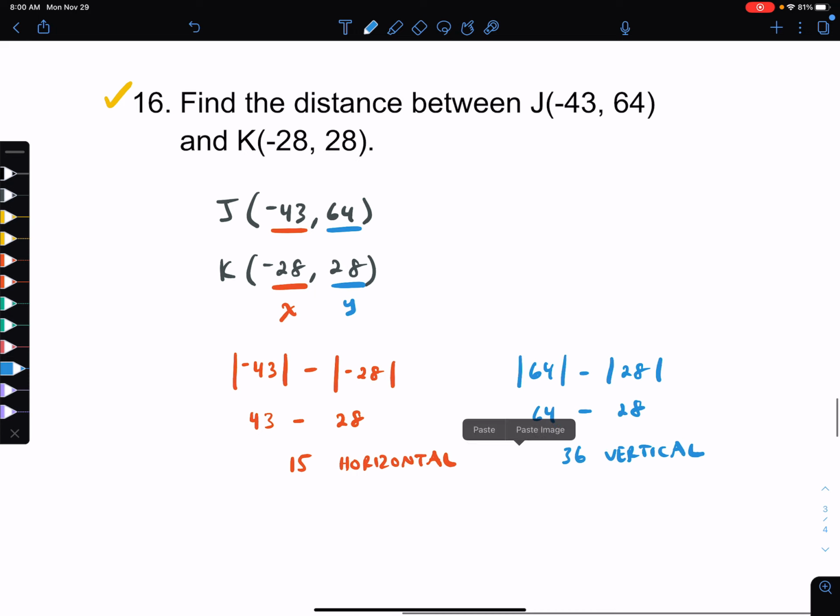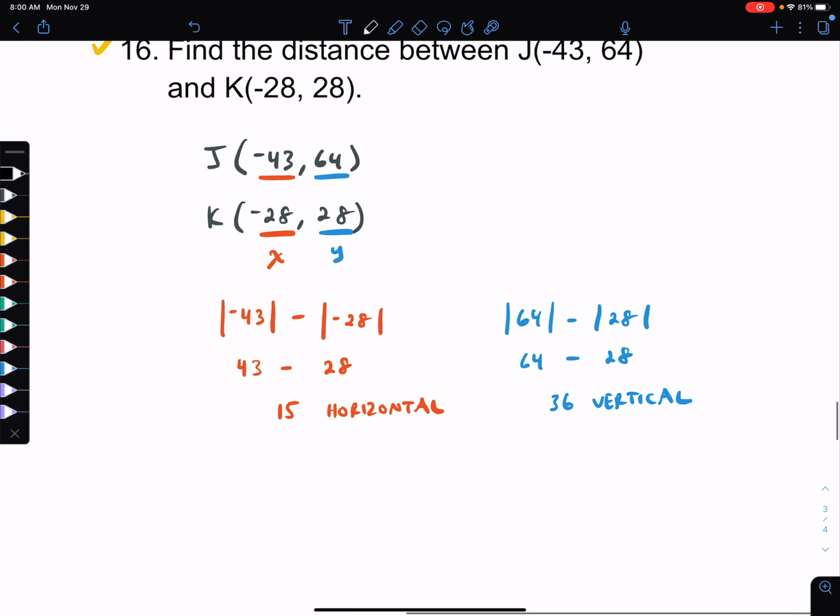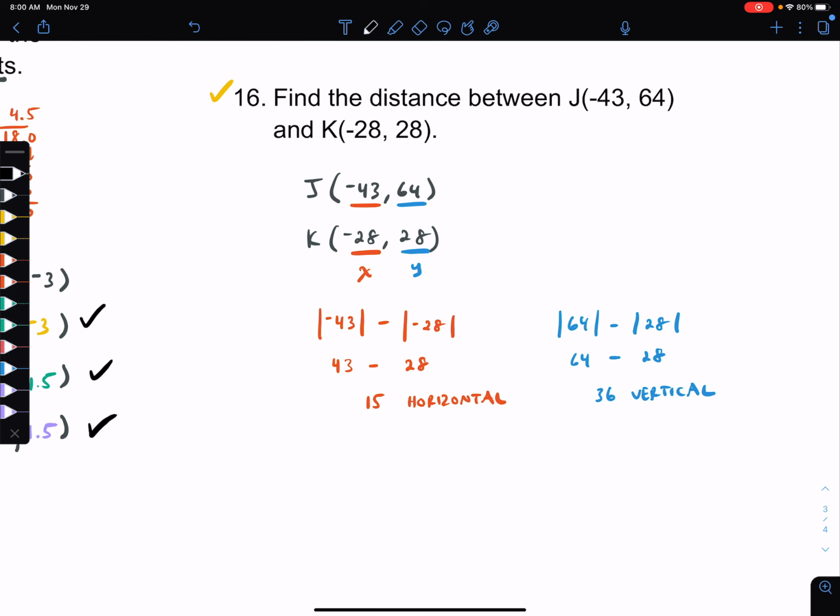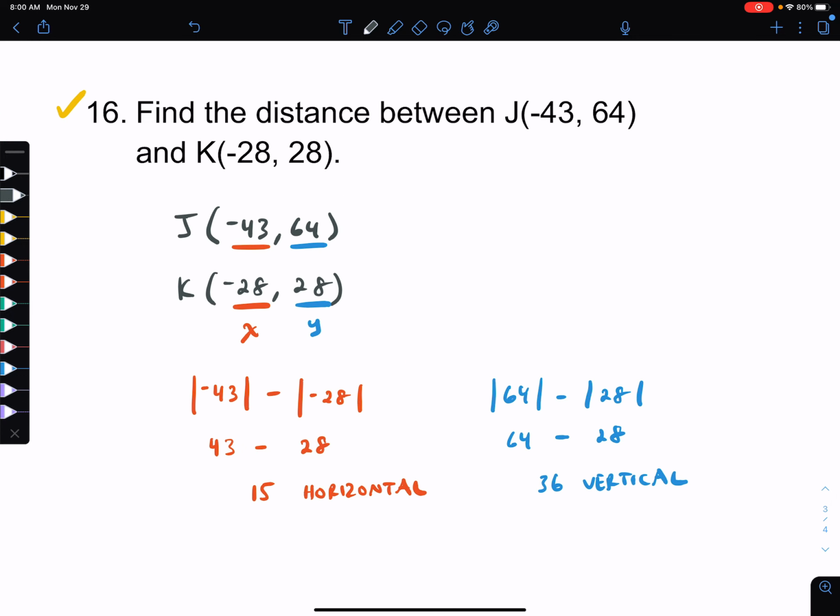And okay, so if I did a rough sketch, I can show you. It's not going to be drawn to scale by any means. So let's see.